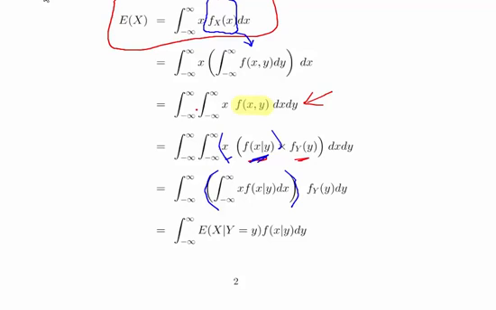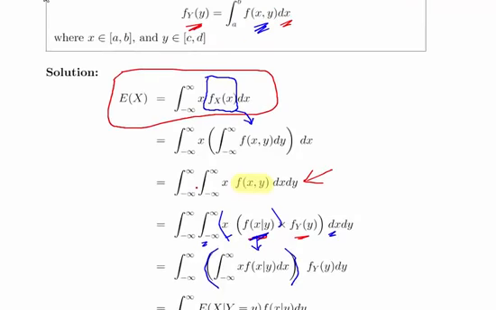Whatever's left is the integral of the marginal density of y, dy. Using our definition of the conditional expectation, that's it done.